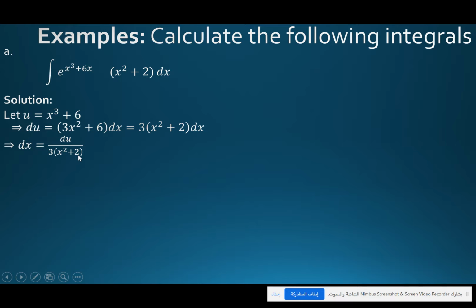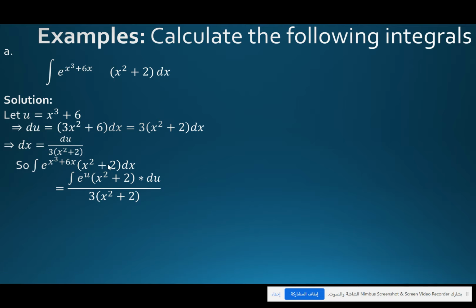Then substitute it instead of dx, like that. The integration of e to the power of x cubed plus 6x, multiplied by x squared plus 2, in terms of x. You are going to replace the power and call it u. Substitute: it's e to the power of u. Keep x squared plus 2 beside it because you didn't take it with your consideration, so leave it as it is.